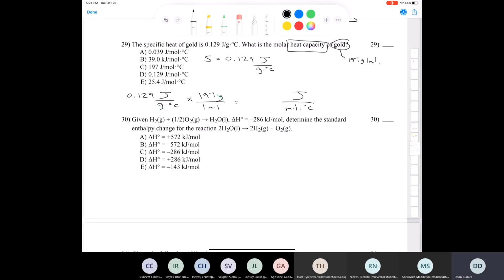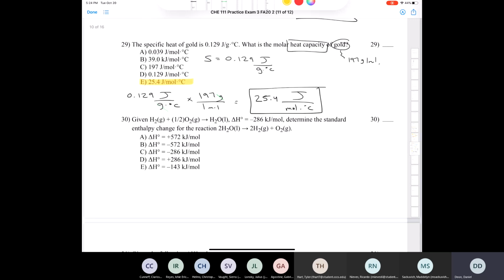Because that's what we're looking for, the molar heat capacity. And when you multiply that out, you end up with 25.4 joules that is required to raise 1 mole of gold by 1 degree Celsius. And so the answer is E.